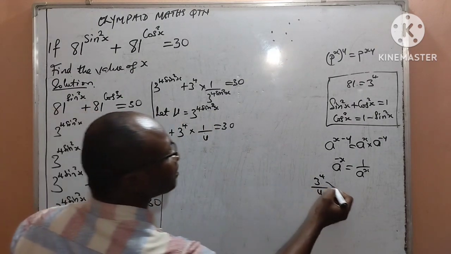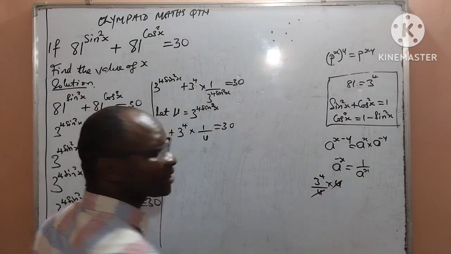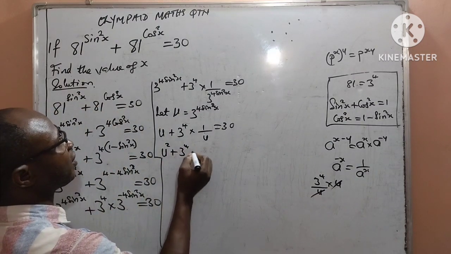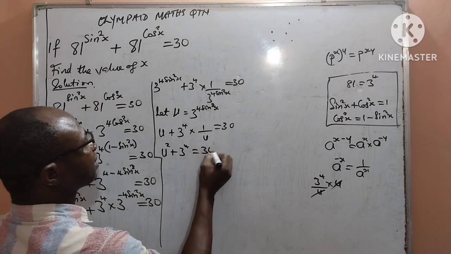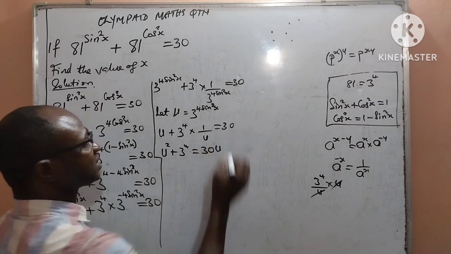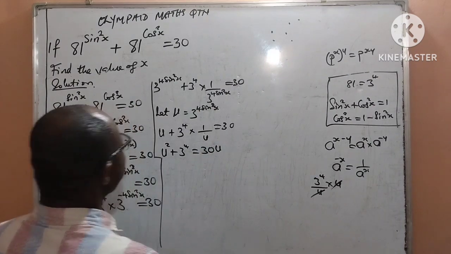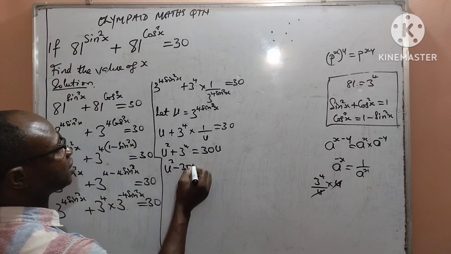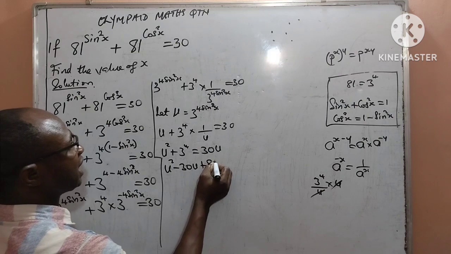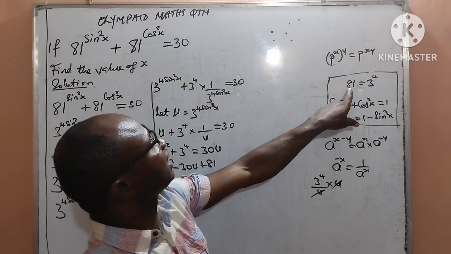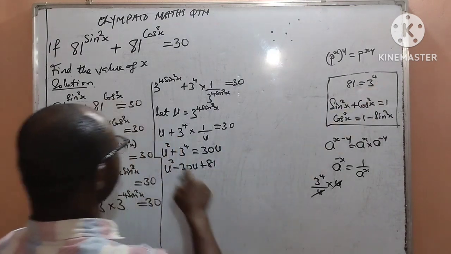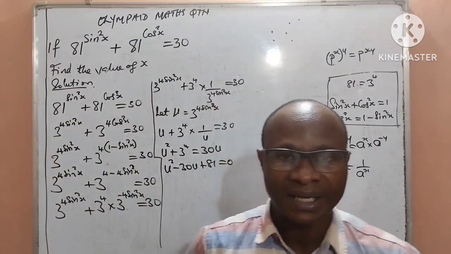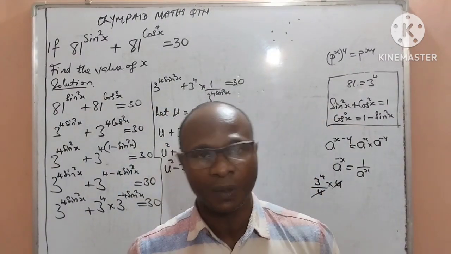So multiplying it by u, we cancel out the u at the denominator, leaving me with 3 raised to the power 4 equal to 30 multiplied by u, which is 30u. I can now write it like this: u to the power of 2 minus 30u, then plus 81, since we said that 81 is the same thing as 3 raised to the power 4, is equal to 0. Looking at it now, it has become a quadratic equation.